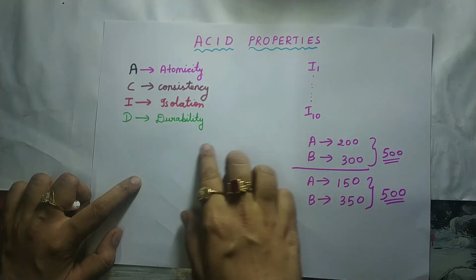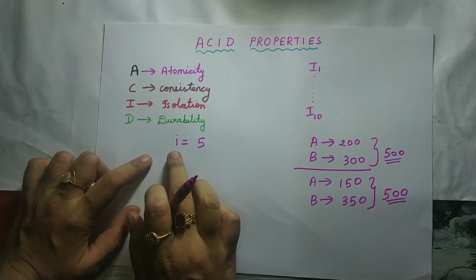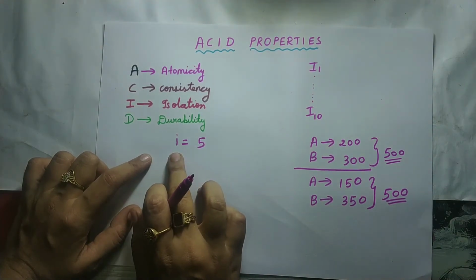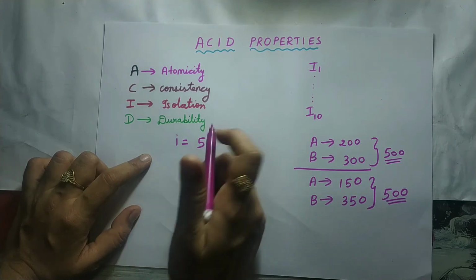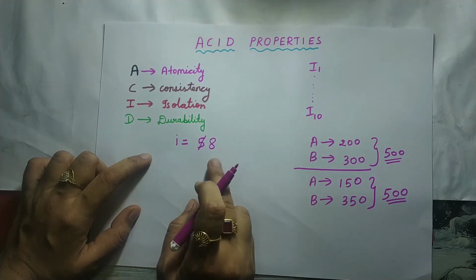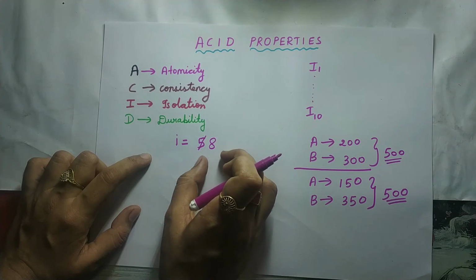Next, let us see about durability. In this, I am going to take an integer variable I and assign a value 5 to it. Now I don't want the value of I to be 5. I want to change it to 8. So I can change it to 8. This 8 should remain as 8 itself.